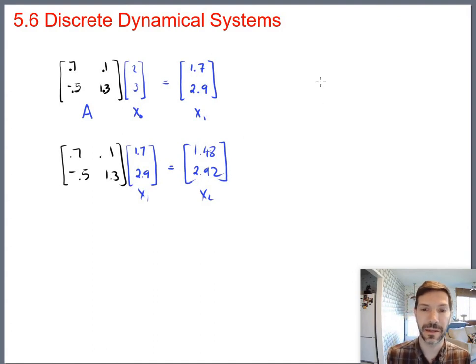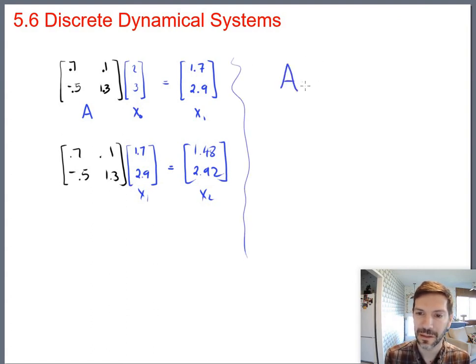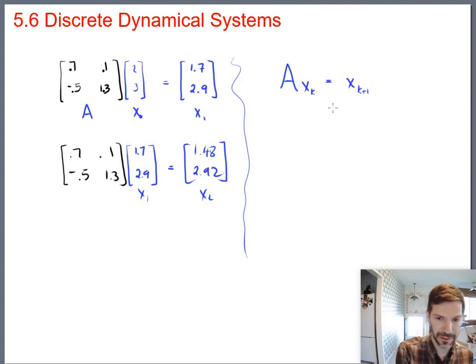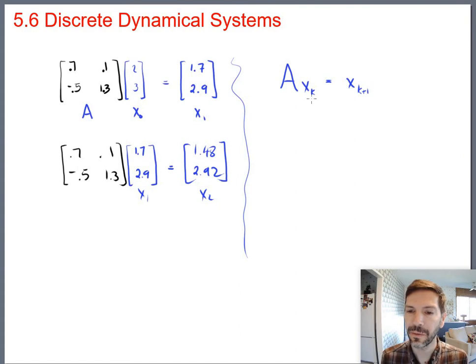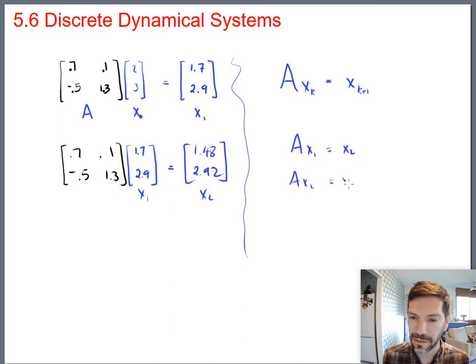So this is the basic idea for discrete dynamical systems: you will always have A times x sub k, which gives you x sub k plus 1, the next x. And of course, as you do this long term, you can say A times x1 gives you x2, and then A times x2 gives you x3, and so on.